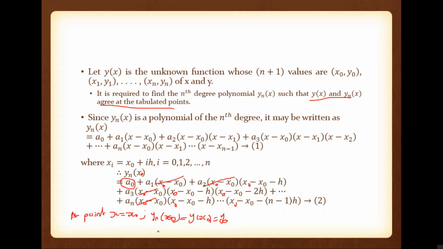Am I correct? So yn of x0 is a0, and that is equal to y of x0, which is y0. So the first coefficient a0 is nothing but y0. Is it clear, all of you?